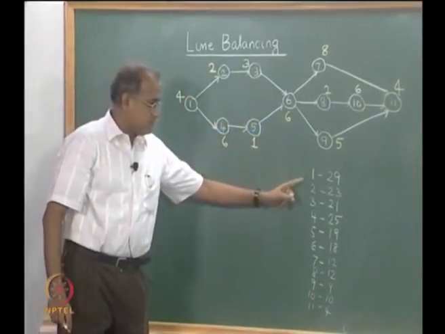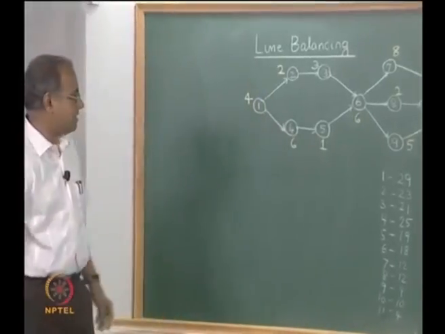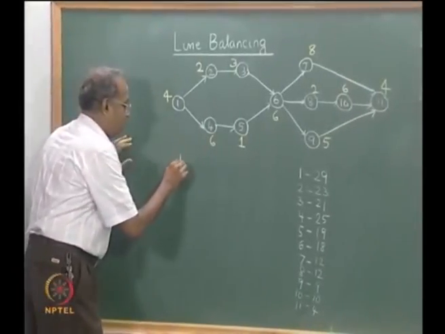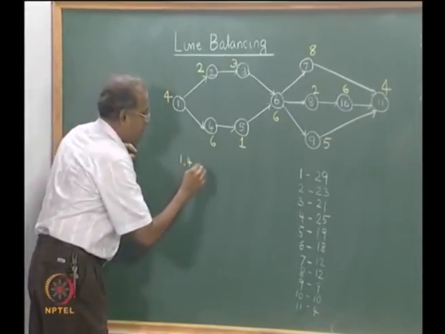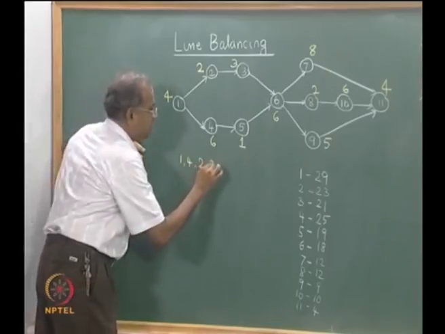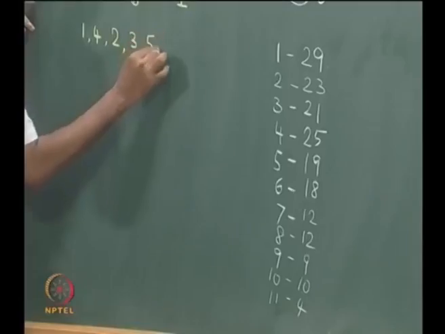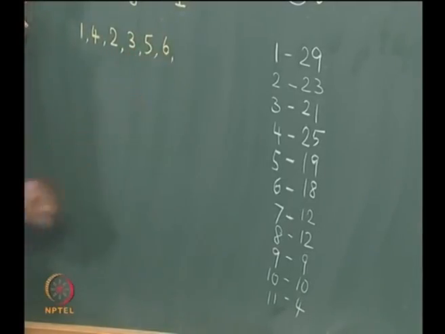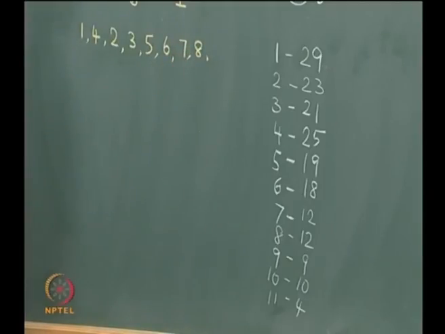Now, we will sort the activities in the decreasing order of the longest path, and the arranged order will become 1 first with 29, 4 with 25, 2 with 23, 3 with 21, 5 with 19, 6 with 18, 7 with 12, 8 with 12, 10, 9 and 11.